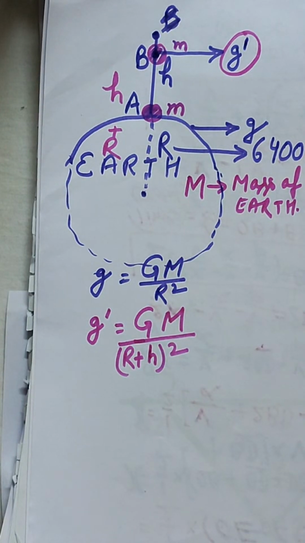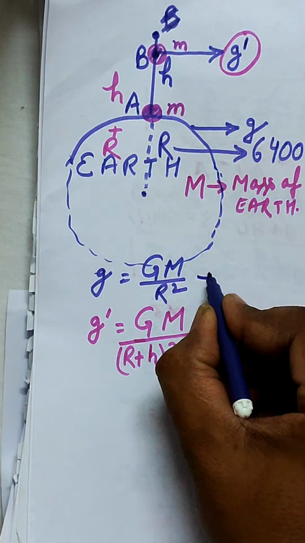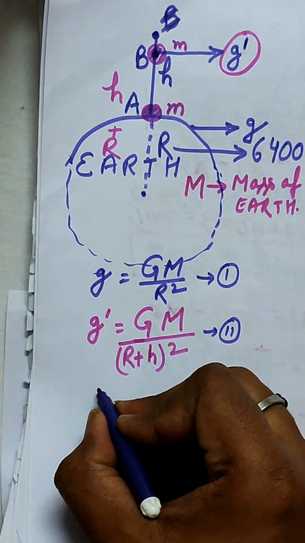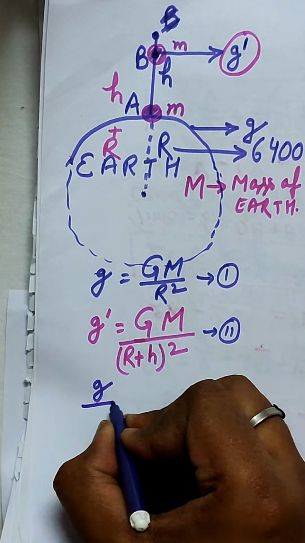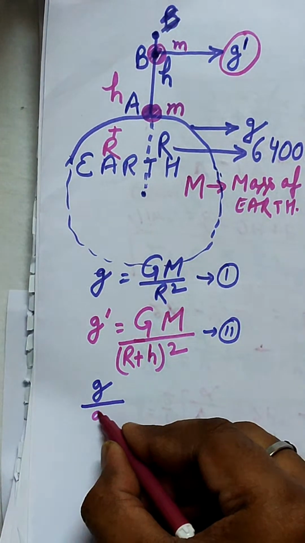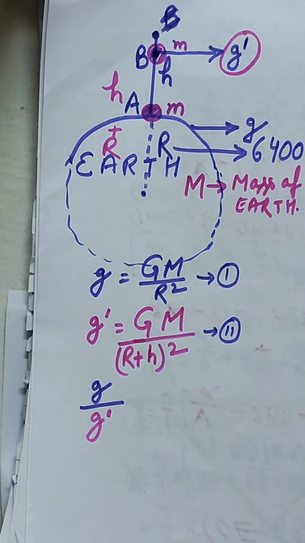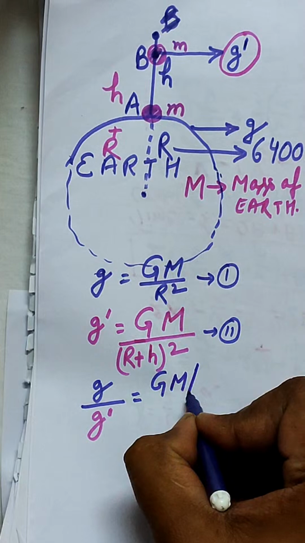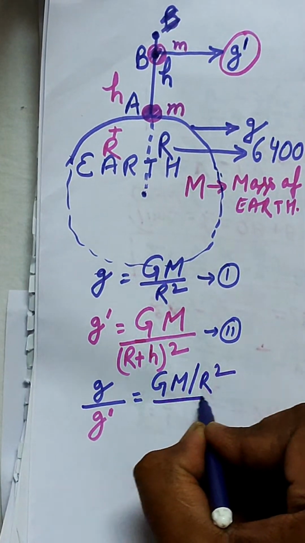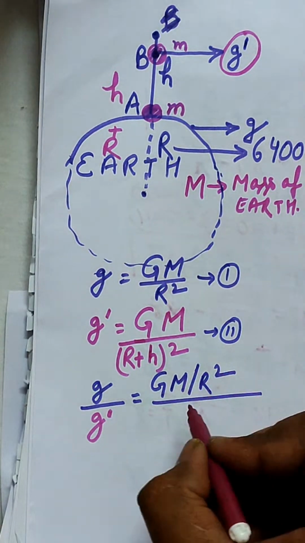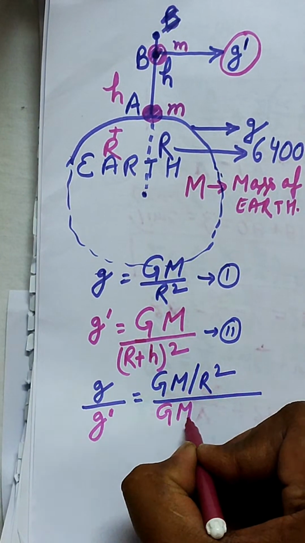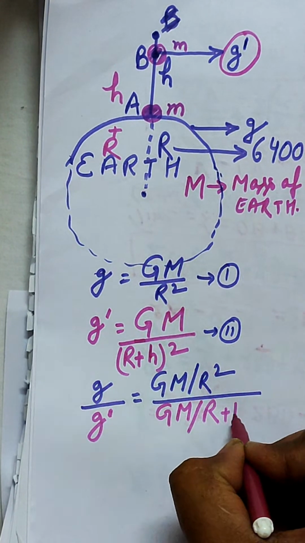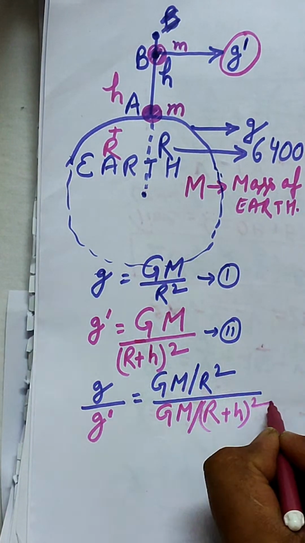Now what we will do, just divide equation 1 by equation 2. When you divide it, you get g by g dot is equal to GM by R square divided by GM by R plus h whole square, where G is the constant.